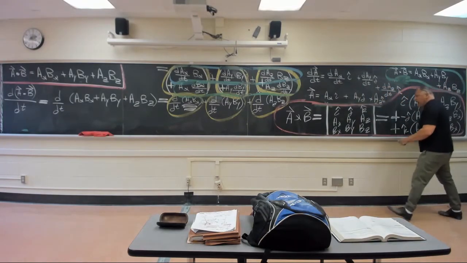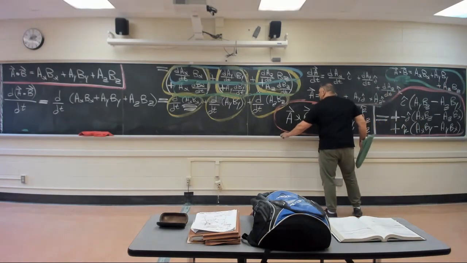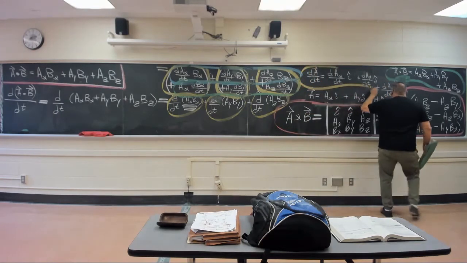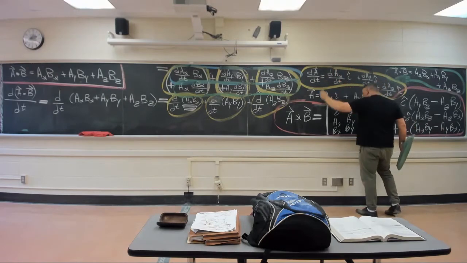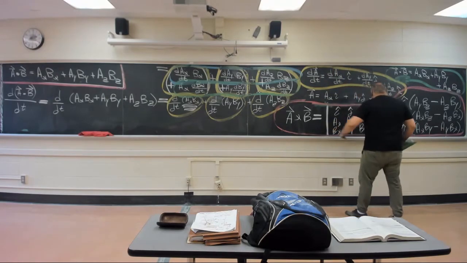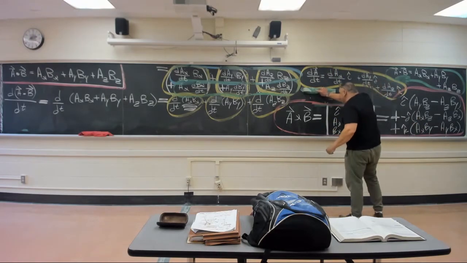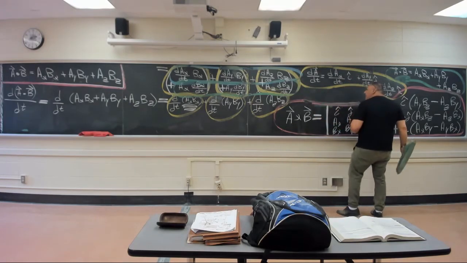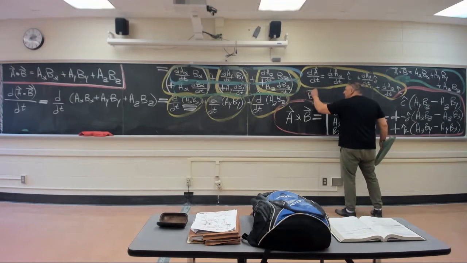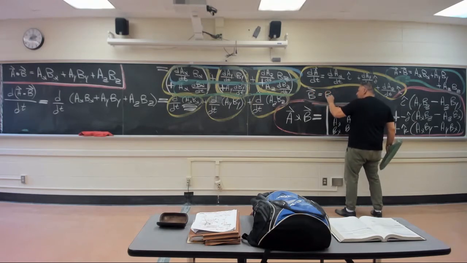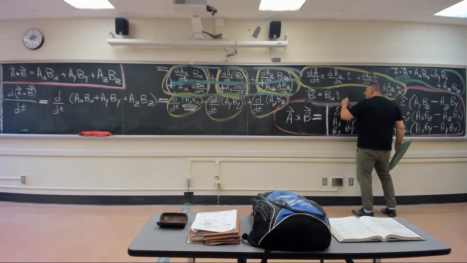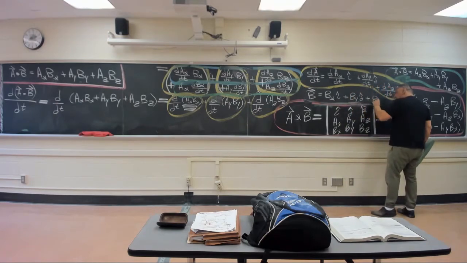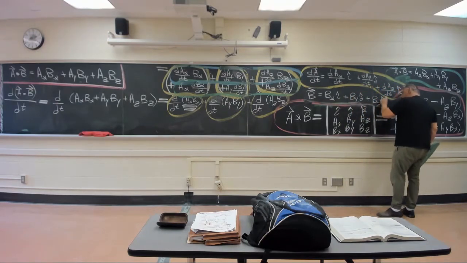Let's stay with this guy right here for now. There's nothing wrong with what I just said here. But why don't we match it up a little bit better? Bx i hat, By j hat, Bz k hat.